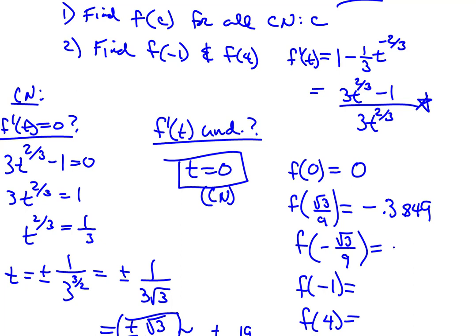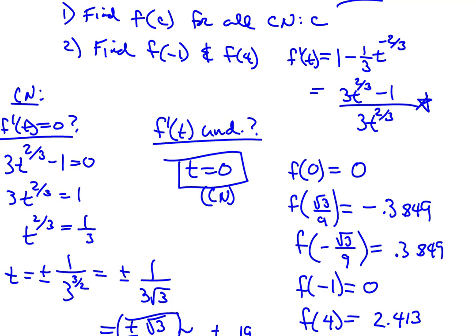F of negative root 3 over 9 could be estimated on a calculator as 0.3849, but positive. F of negative 1 should be 0, and f of 4, estimated on a calculator, should be 2.413. Okay, so we are estimating, and by that I mean rounding these decimals, but that's enough to know which one is highest and lowest. That's all we really need here.